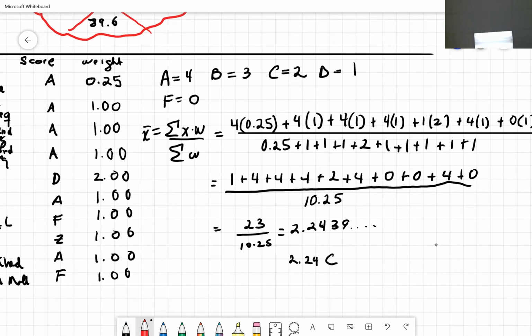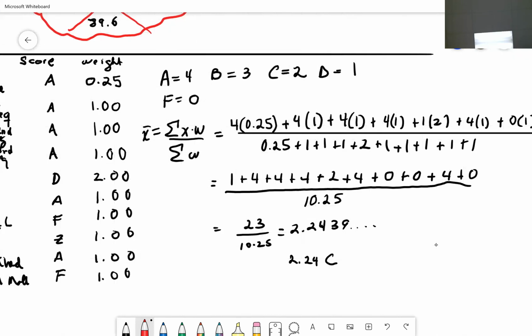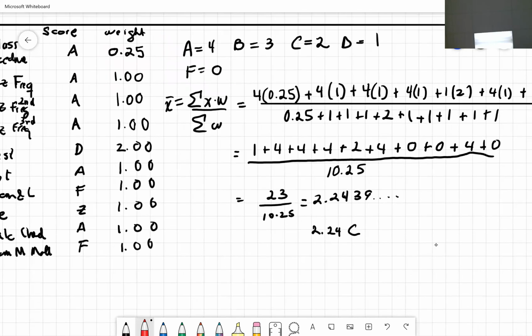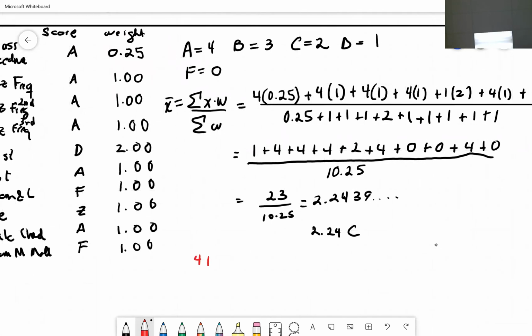Now, again, this takes into account the weights of the grades. If I would have done this incorrectly, like some of you want to do it, you would have done 4 plus 4 plus 4 plus 4 plus 1 plus 4 plus 0 plus 0 plus 4 plus 0, all divided by 1, 2, 3, 4, 5, 6, 7, 8, 9, 10.